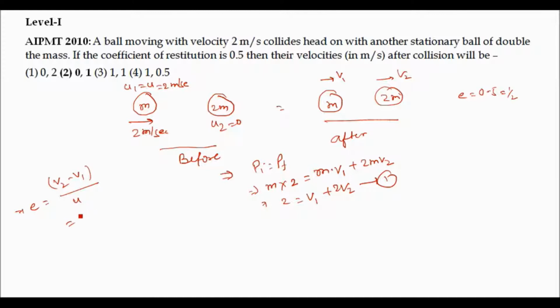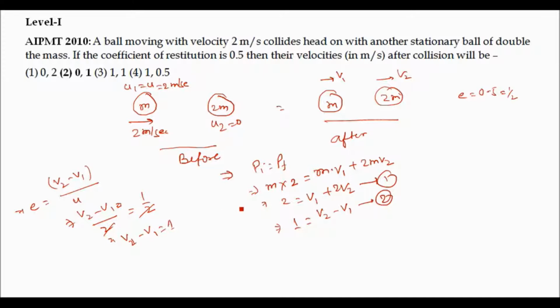So we get v2 minus v1 divided by u, which is 2, is equal to the coefficient of restitution, which is equal to 0.5. So from there we get v2 minus v1 is equal to 1. So our second equation is 1 is equal to v2 minus v1. So these are our equations 1 and 2.